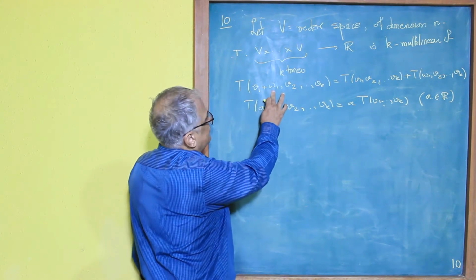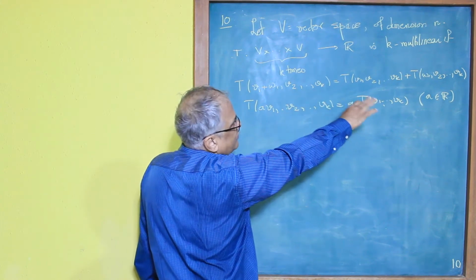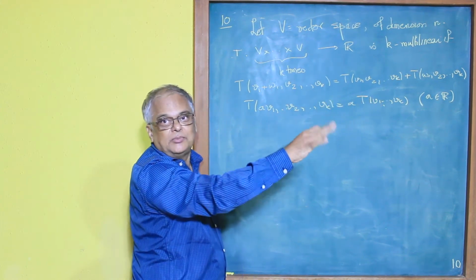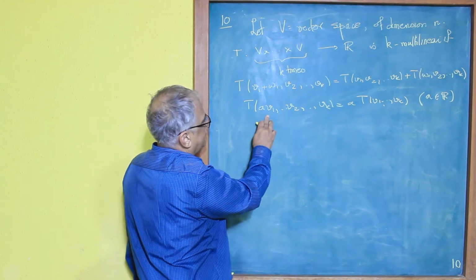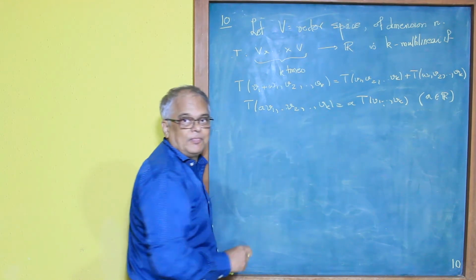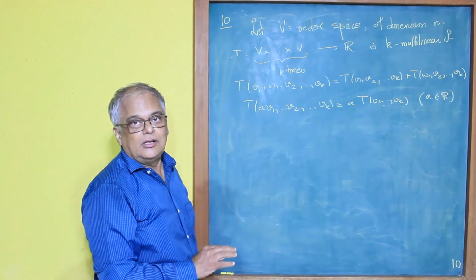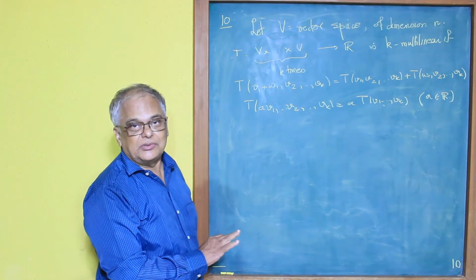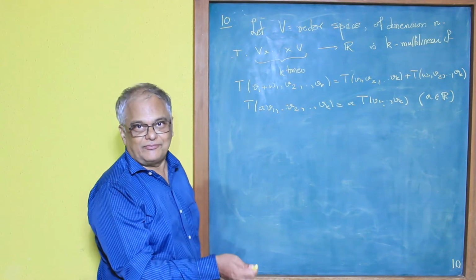That means T of V1 plus W1 is T of V1 plus T of W1, with the other variables unchanged. And T of a V1, the a comes out. This is for the first variable. So T is linear in the first variable when all the other variables are fixed.